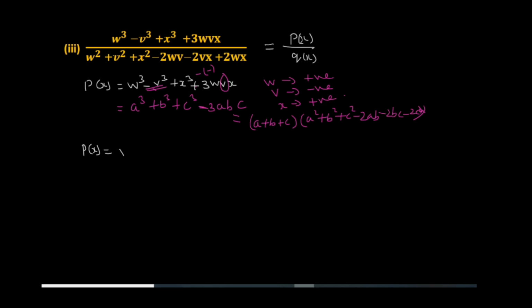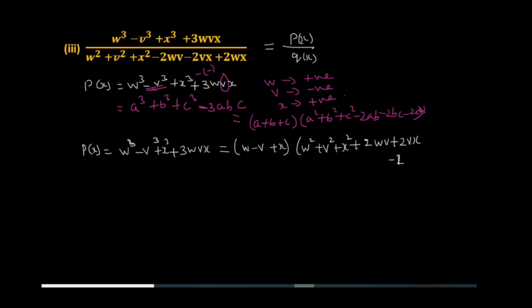So p of x is equal to w cube minus v cube plus x cube plus 3wvx is equal to w minus v plus x into w squared plus v squared plus x squared, and since v is negative, minus into minus gives plus wv, then v and x, minus into minus gives plus vx, and w and x are positive, so minus wx. So this is the answer for the numerator.